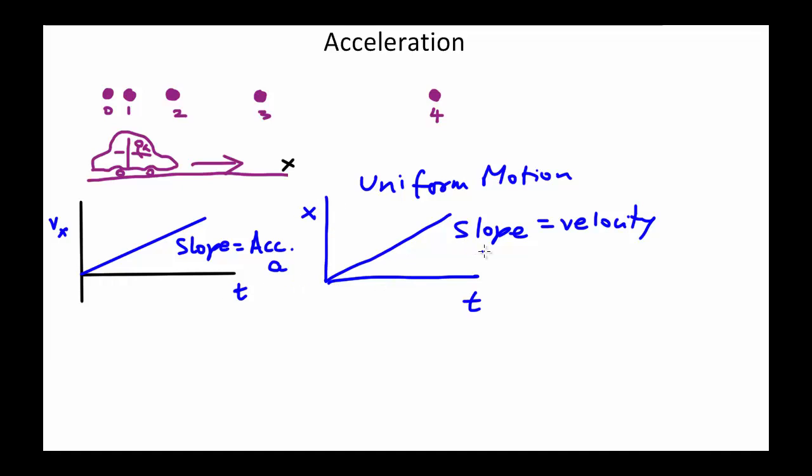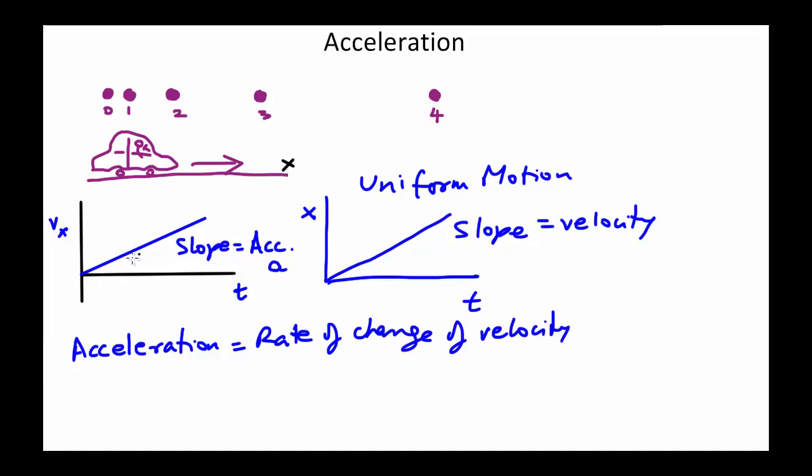So velocity was the rate of change of position, and acceleration is defined as the rate of change of velocity. And if I take two points here, and if I want to get the slope of this graph, as we've discussed before, the slope is the rise divided by the run.